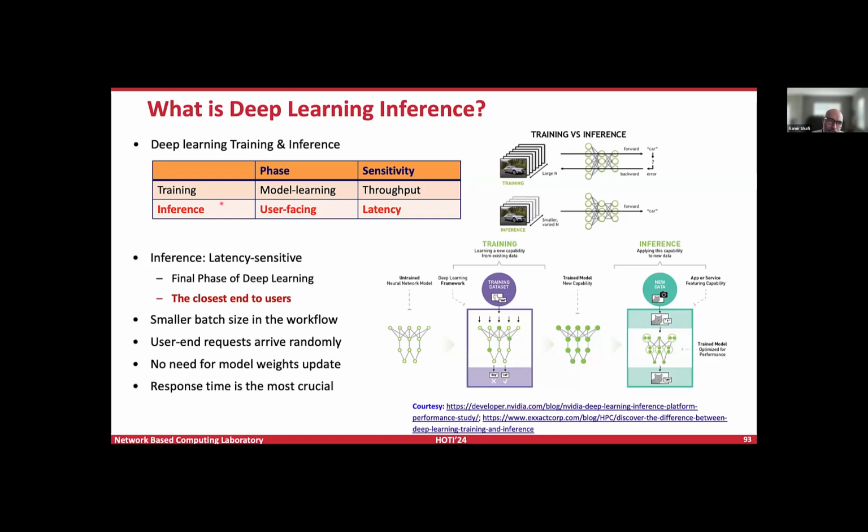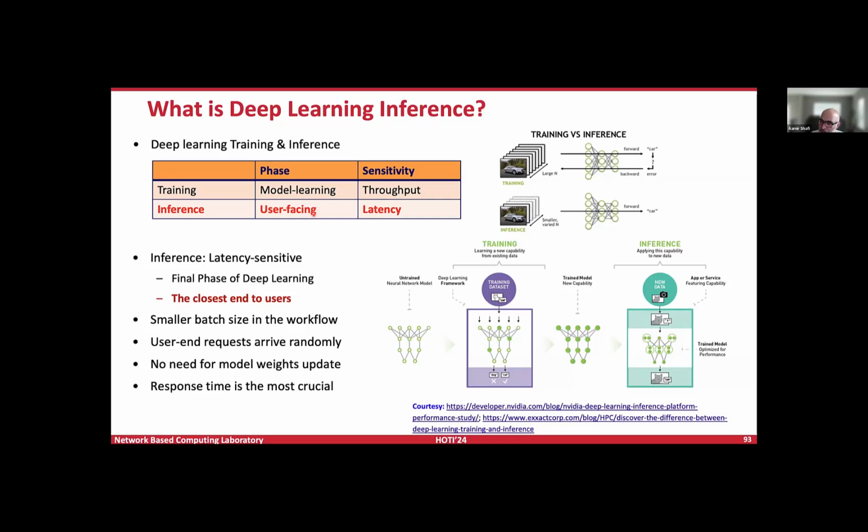Inference is a different workload in that context. We could do inference in batch mode, processing many input images, or different types of inputs, in batches. However, typically the kind of interactions that we do with ChatGPT are user facing.